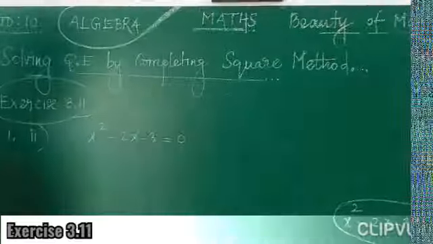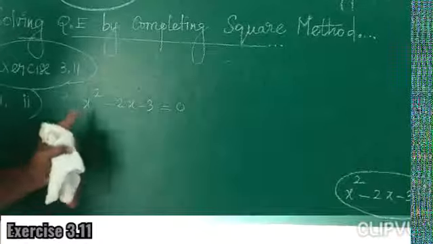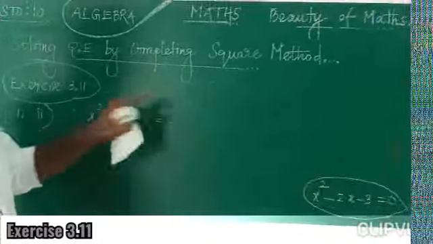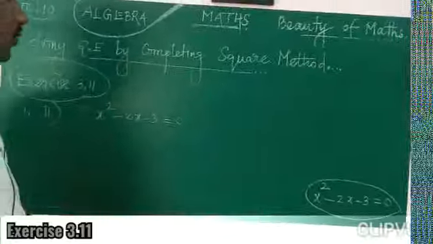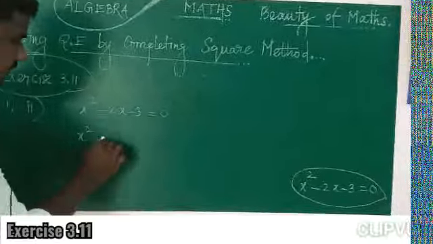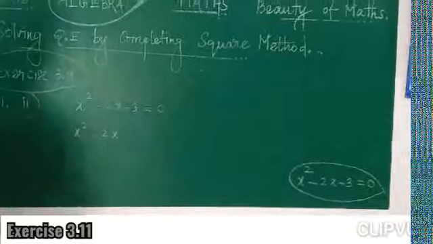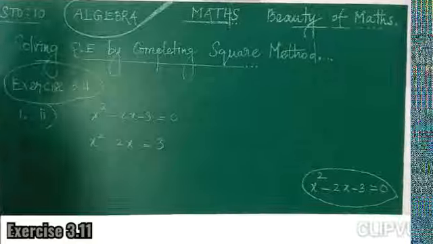In the last problem, if the leading coefficient was other than 1, we multiplied it by the constant term. Actually here the leading coefficient is 1, so we need not do that first step. Move to the second one. x square minus 2x, and this minus 3 becomes plus 3.